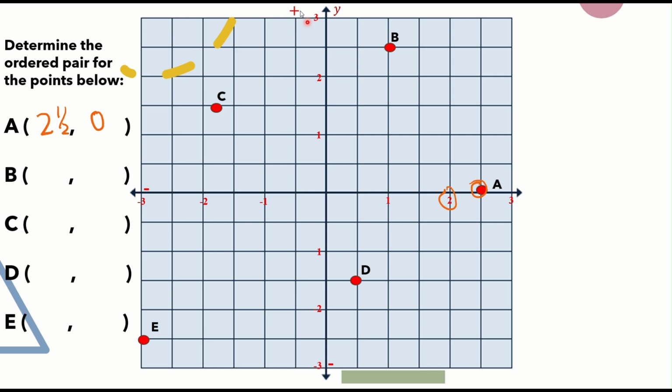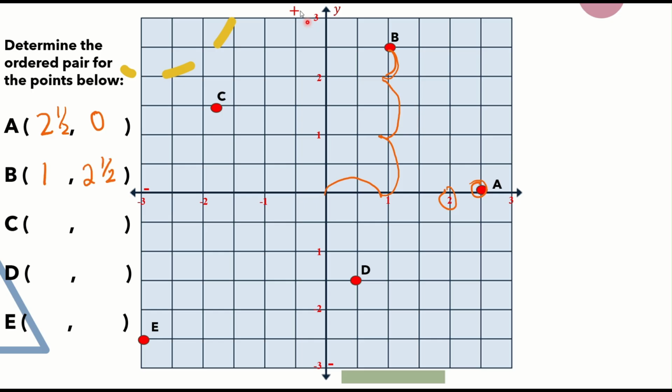Let's continue. Let's look at B. I went over 1, and up 2.5. So in this case, it'll be a positive 1 and a positive 2.5.